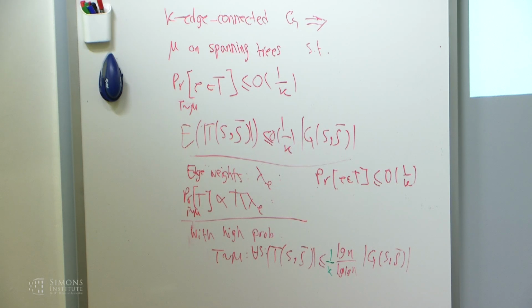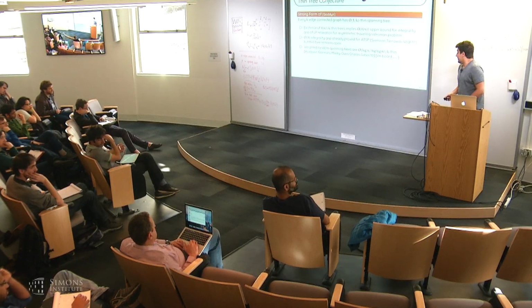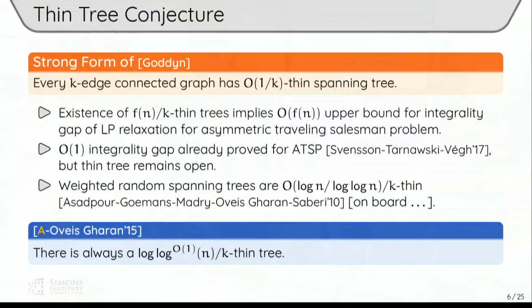So one of the strange things about this problem is that you can't check thinness, but you still want to construct something that is thin. So even though you can't check thinness of arbitrary objects, you can still prove that they exist.